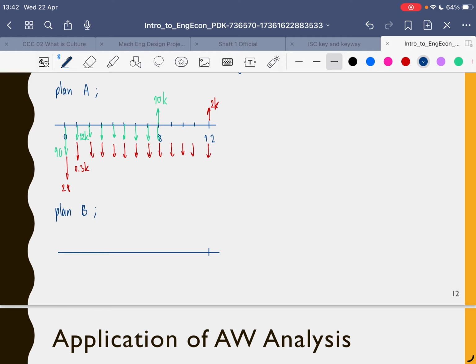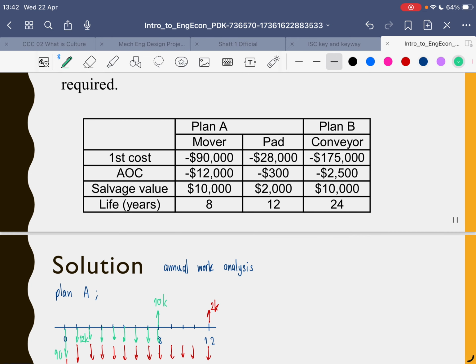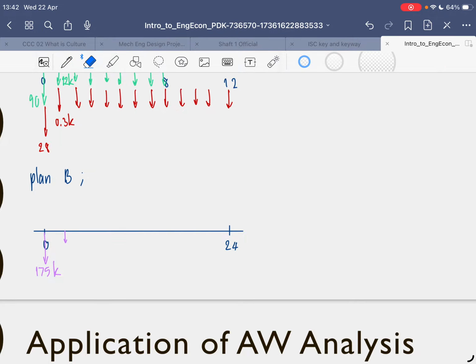This is red, and this is purple, let's say. 175K as the initial investment, an AOC of 2.5K, and a salvage value of 10K. So from the information in the table, you can convert it into this picture.